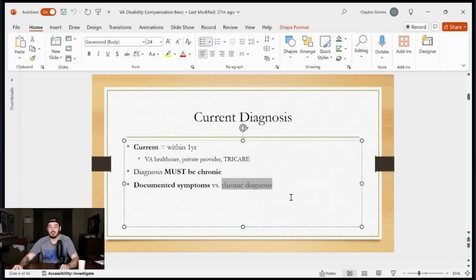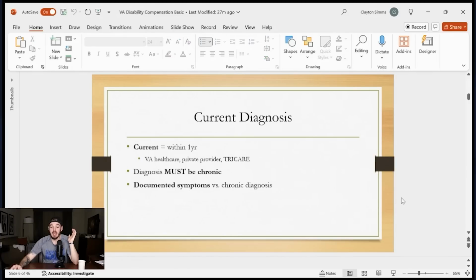If for some reason you're having trouble being diagnosed by the VA, which is a very, very common problem that veterans have, is receiving that diagnosis, because VA healthcare is healthcare focused and they are actually good. A lot of veterans have good experiences with VA healthcare. That's not a bad thing, okay?